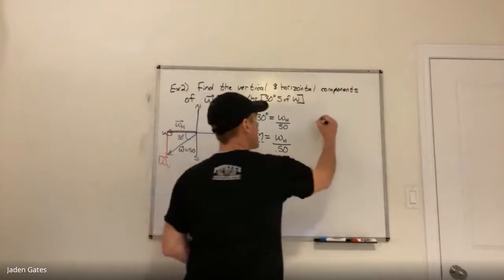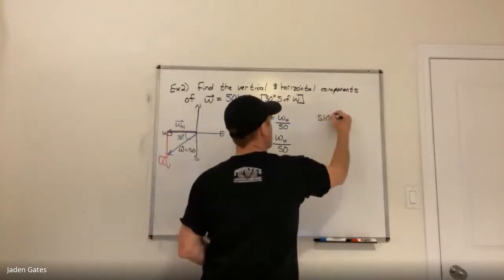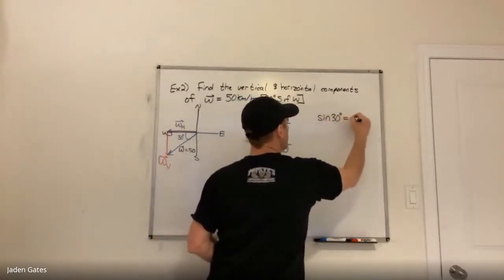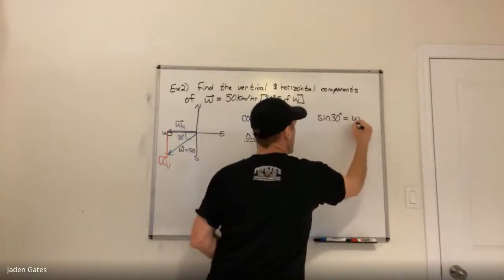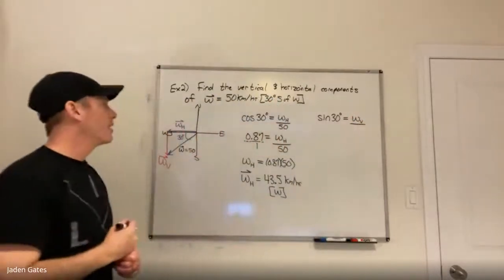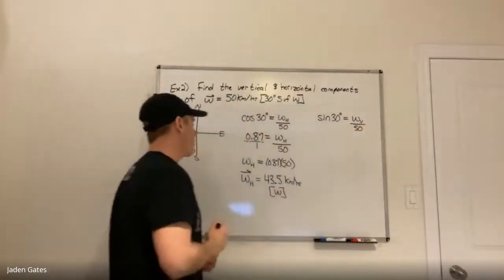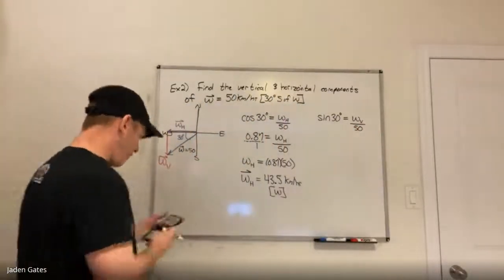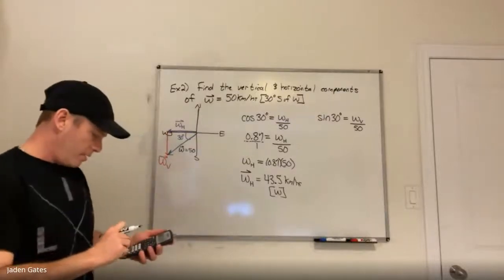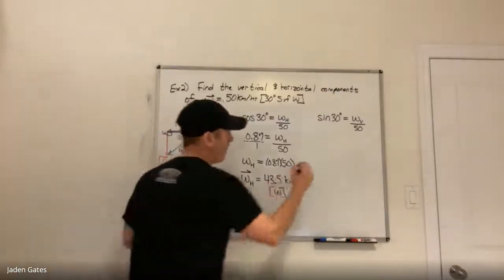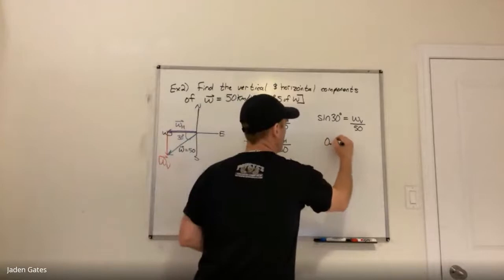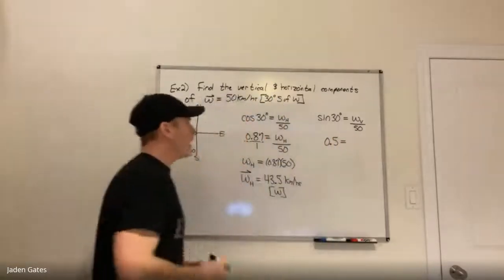So I have sine of 30 degrees is equal to the opposite, which is my WV, and of course, again, my hypotenuse is 50. All right, so now out comes the calculator because I'm going to find the sine of 30. And I get 0.5. All right, again, I didn't do anything over here.